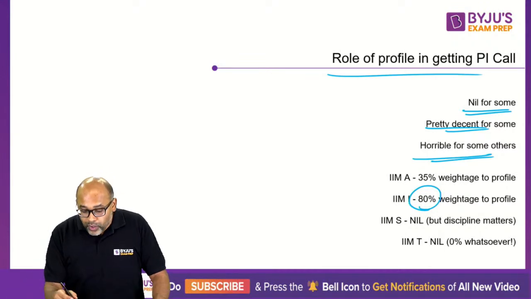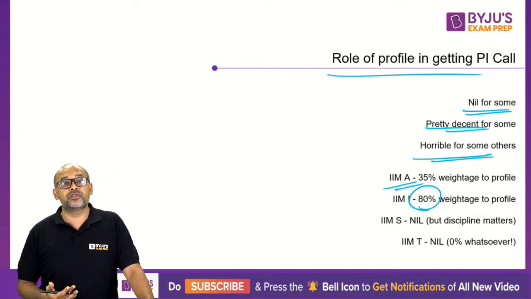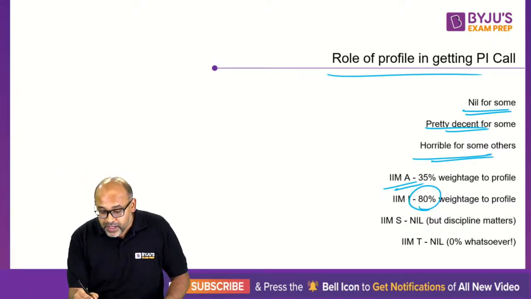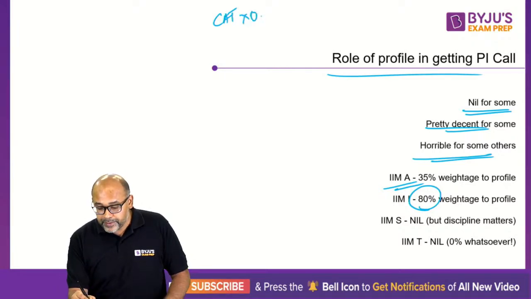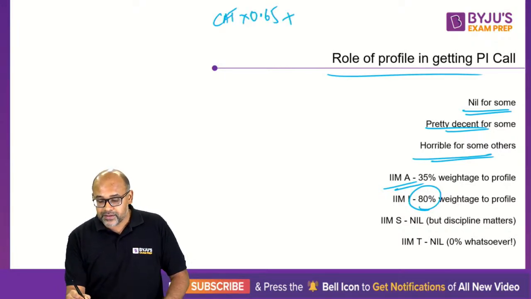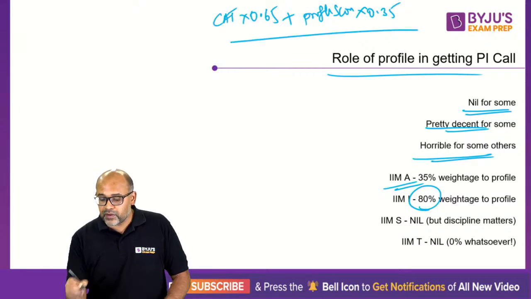If you look at Ahmedabad, they give a 35% weightage to profile and 65% weightage to CAT. So what they do is, they will take your CAT score into 65%, so 0.65, plus your profile score into 0.35. This will be called your combined score.